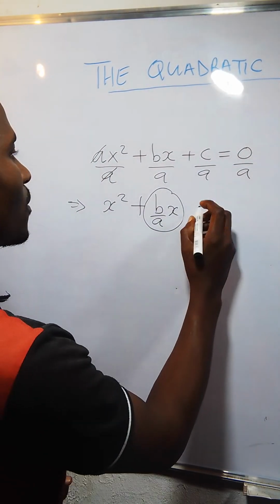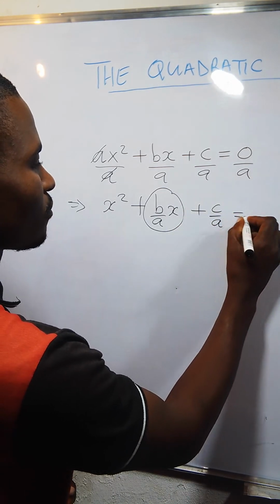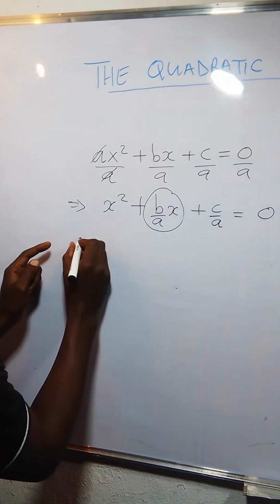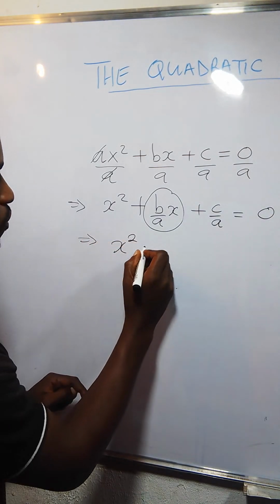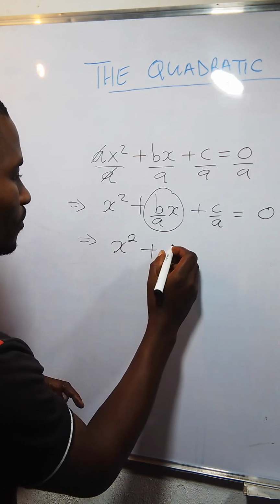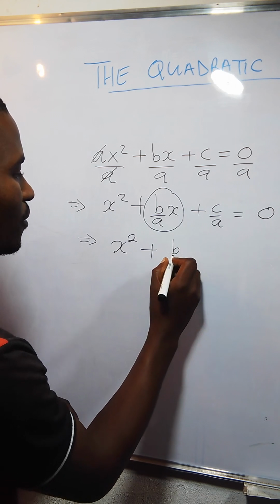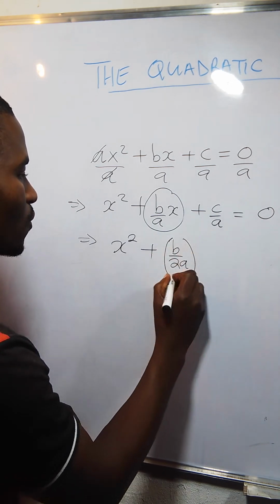What's going to happen is x to the power 2 plus half of this, which is just b over 2a, and then you square this.